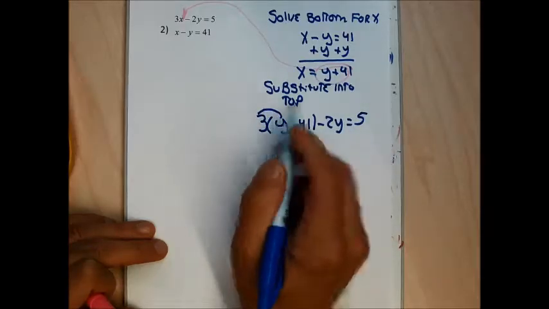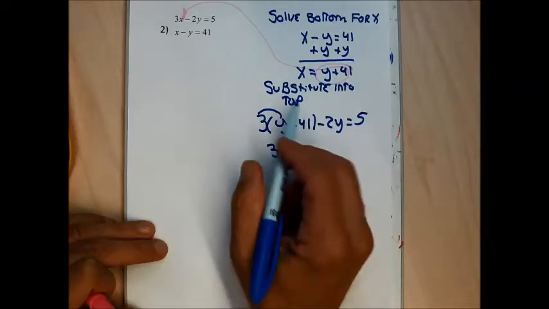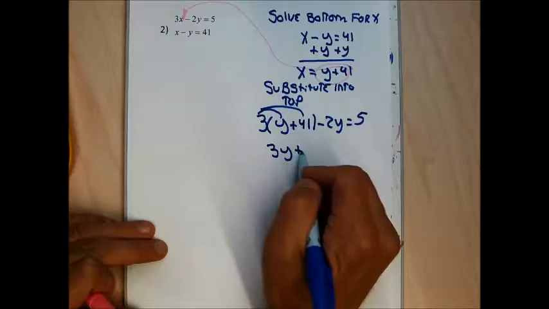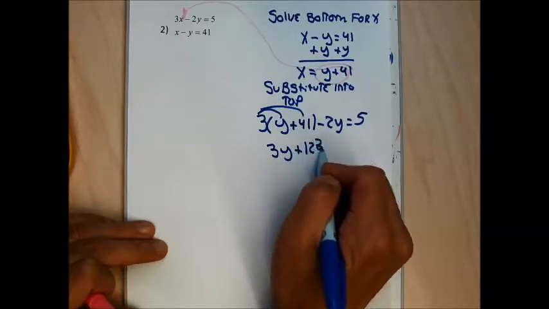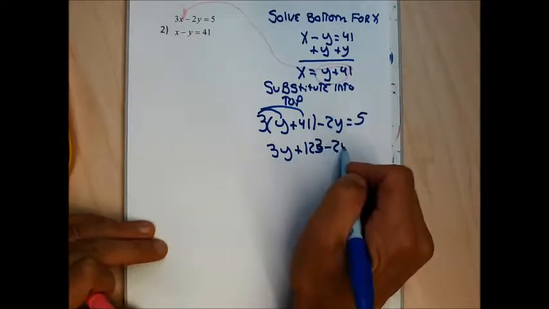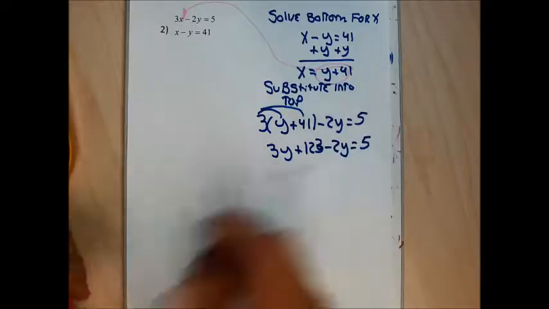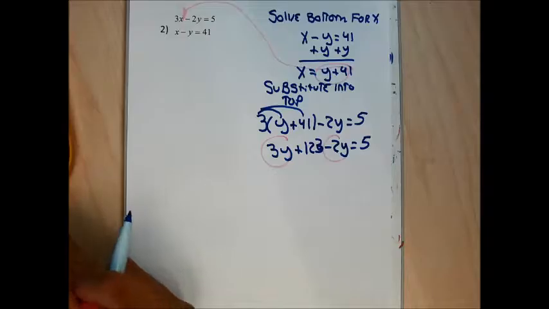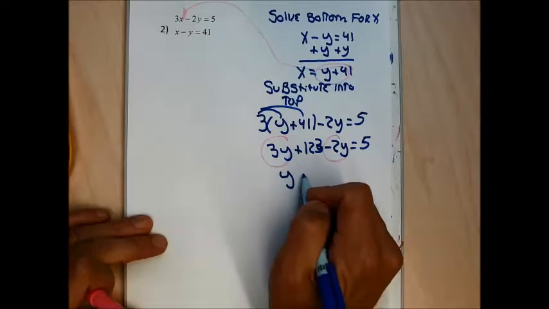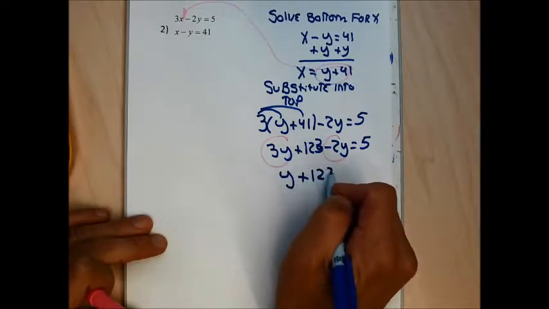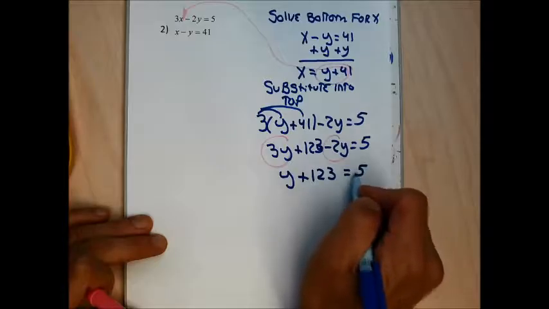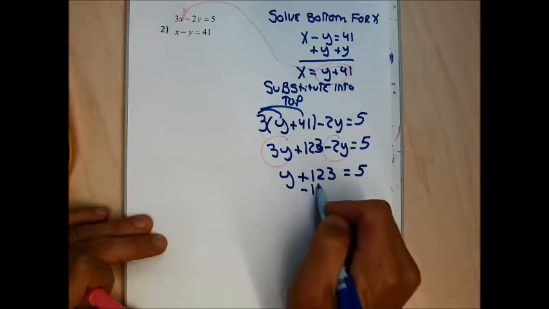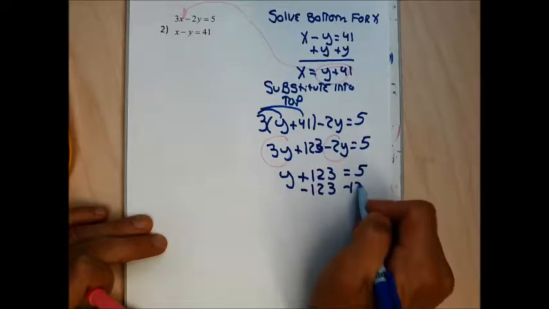Clear the parentheses, going 3 times y, which is 3y, 3 times 41, which is plus 123, minus 2y equals 5. On the left-hand side, combine the 3y and 2y and get 1y, or just y. Leave the plus 123, leave the equal to 5, and then minus 123 from both sides.